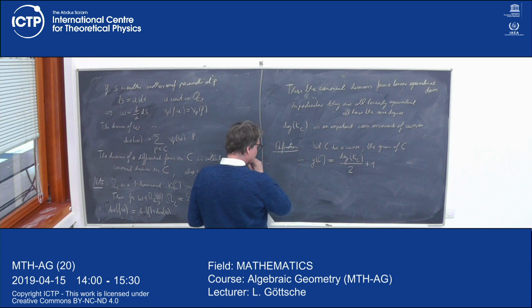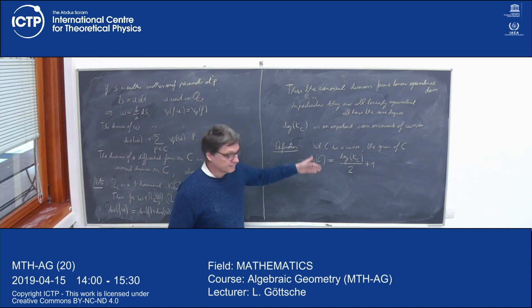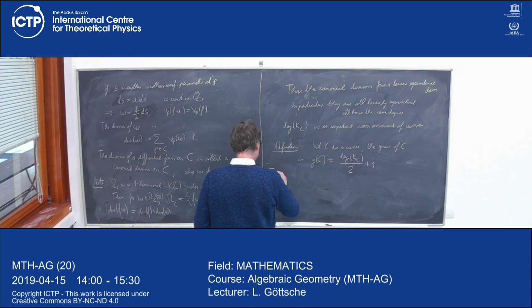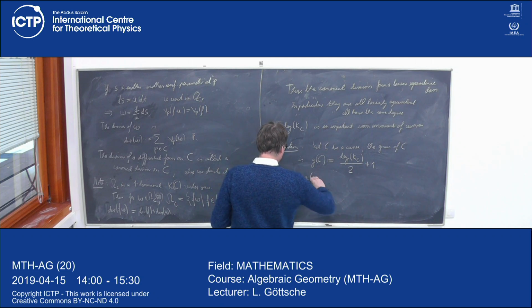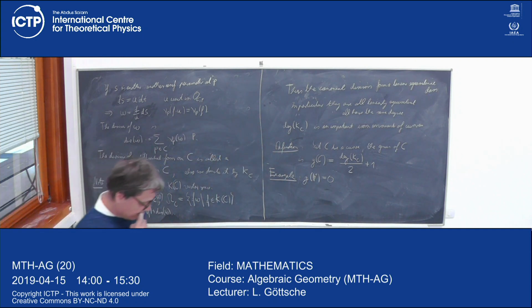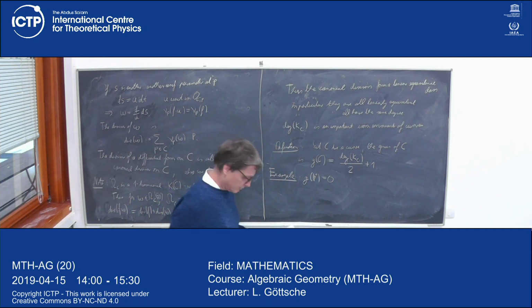So let's now show that the genus of P1 is equal to 0, from the definition. For example, G of P1 is equal to 0. So we just want to look at our definitions.